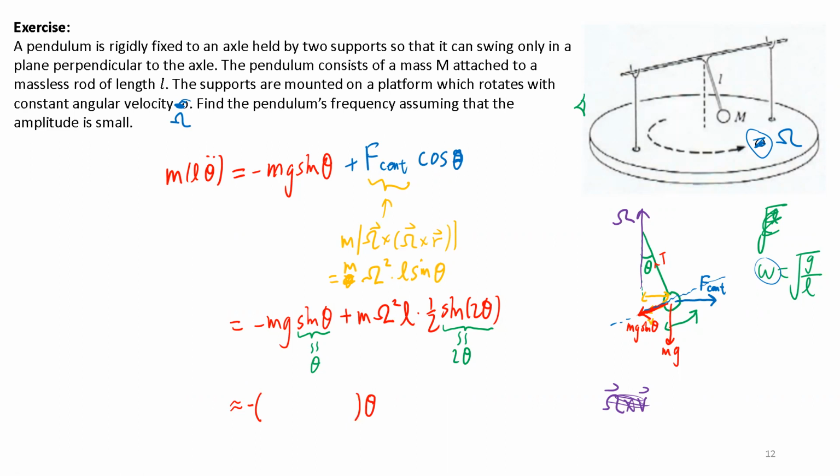So what do we have? Let me first cancel this m. Then you will have minus L capital omega square divided by 2, and this 1 divided by 2 should also cancel with this 2, so actually I don't need a 2 here.